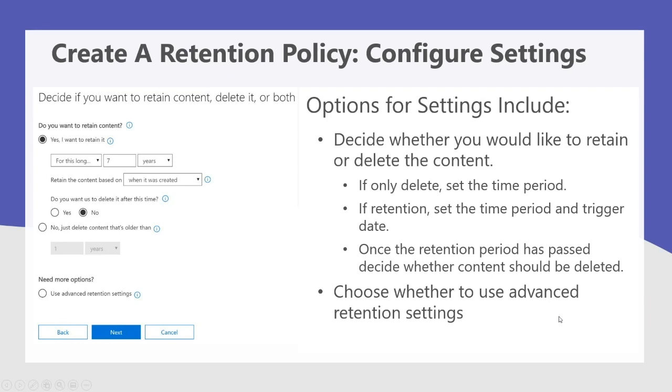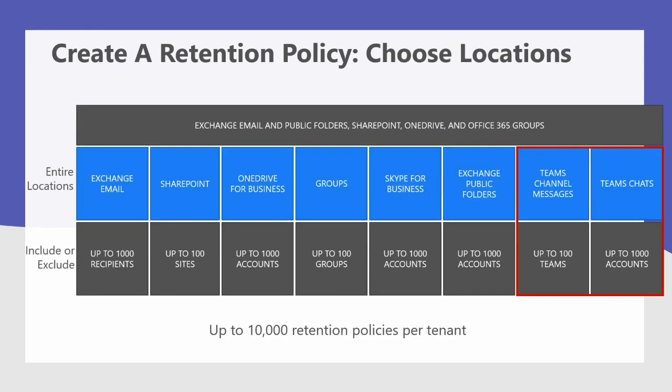So once you create the retention policy settings, next it's going to ask you to choose the locations where you want to use the retention policy. These are all of the locations that are available in a retention policy. You can either apply it to everywhere, which is defined by Exchange email, public folders, SharePoint, OneDrive, and Office 365 groups.